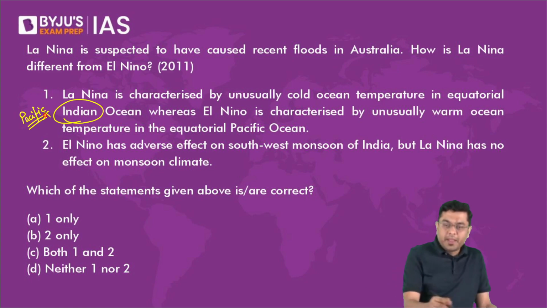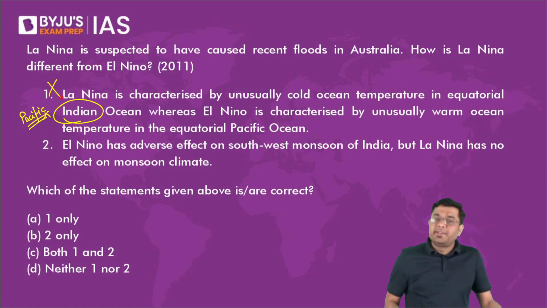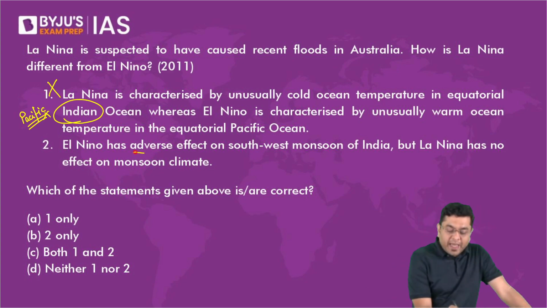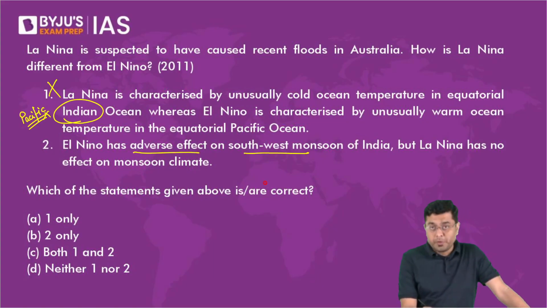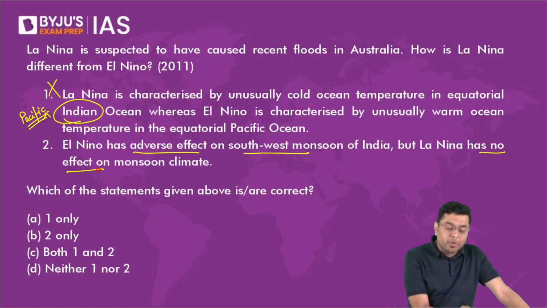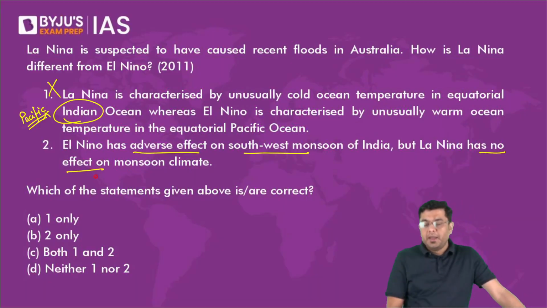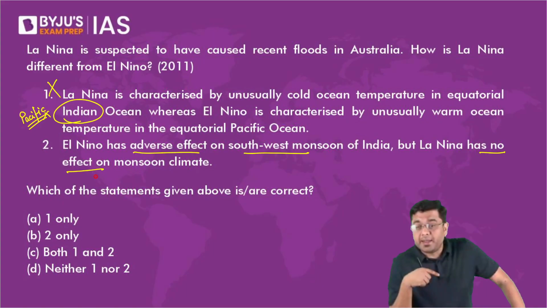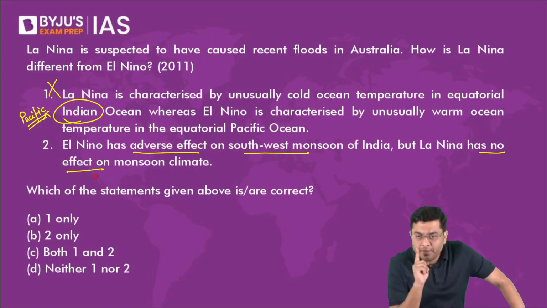So this is incorrect. Second statement, El Nino has adverse effect on southwest monsoon of India, but La Nina has no effect on monsoon climate. Have we seen that La Nina increases the amount of rainfall received in India? Is that understood?